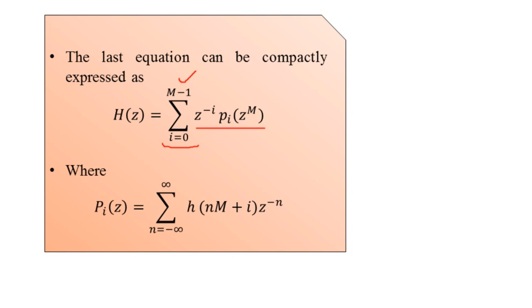Next to this, as you see the nomenclature, this is called the M-component polyphase decomposition, and the second equation that you have seen, P_i(z), gives the polyphase components of H(z).